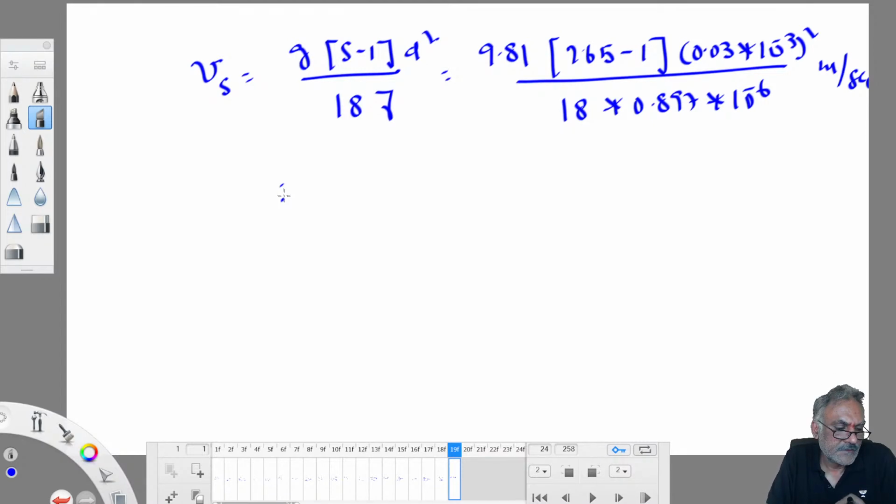I got this as 9.02 into 10 power minus 4 meters per second.